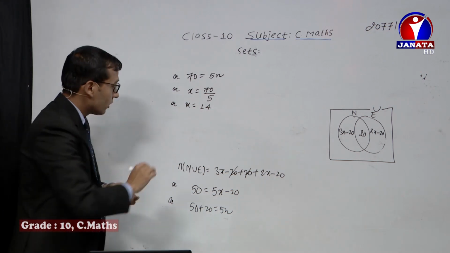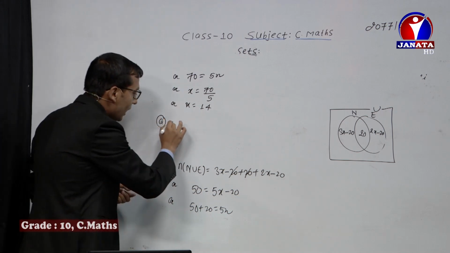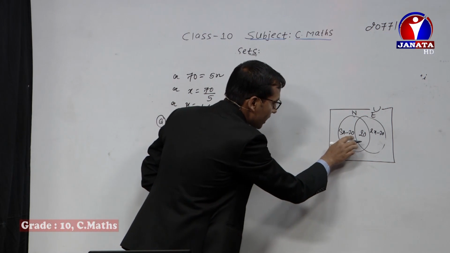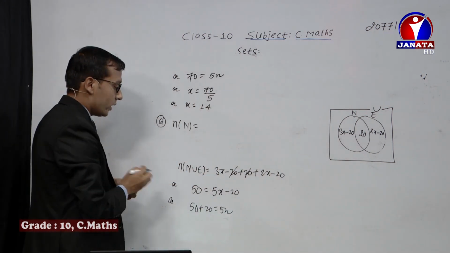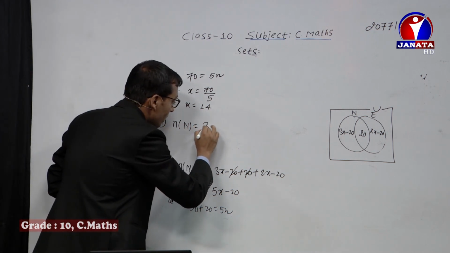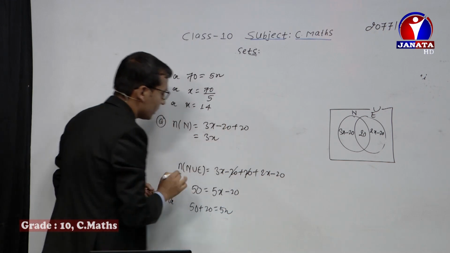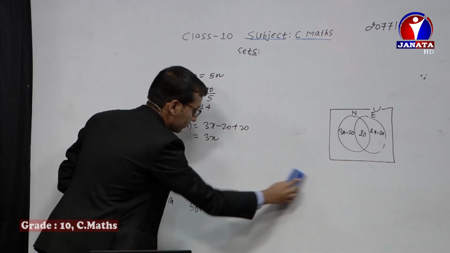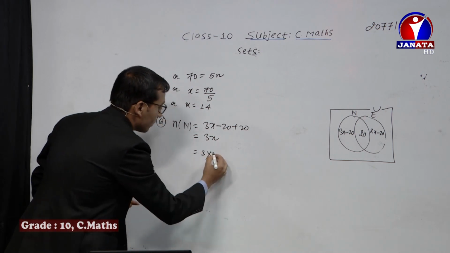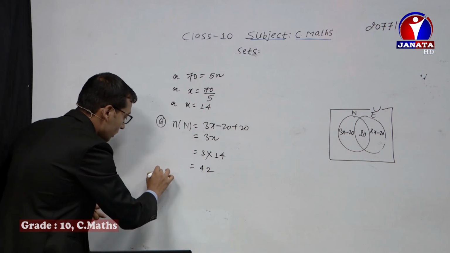So for the first part, how many of them like Nepali? So what is n(Nepali)? n(Nepali) is 3x minus 20 plus 20, as we already have the value of N only, or simply this is 3x. So let's replace the value of x. 3 times 14 is 42.